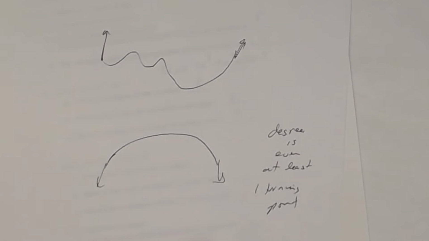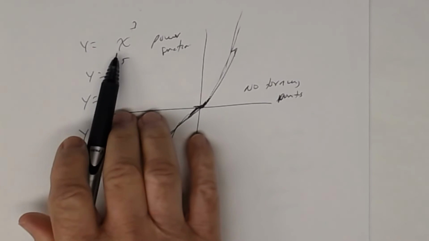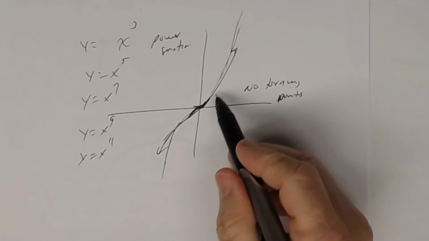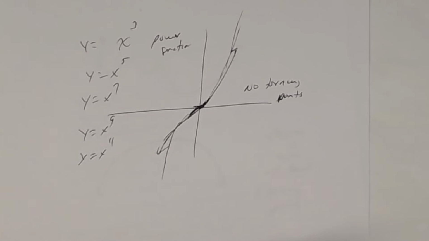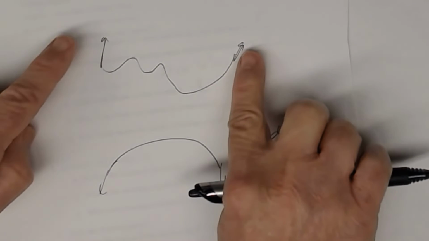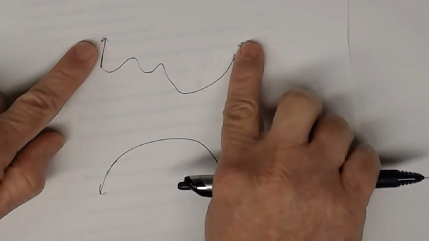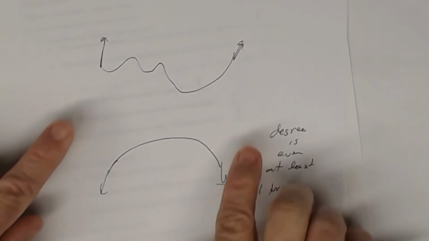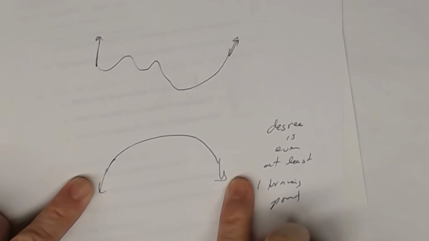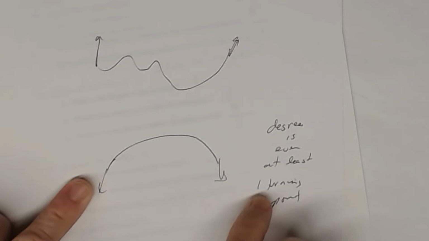We saw here, when the degree is odd, it is possible to have no turning points. But when the degree is even, because remember the end behaviors point in the same direction, it has to have a turning point, at least one.